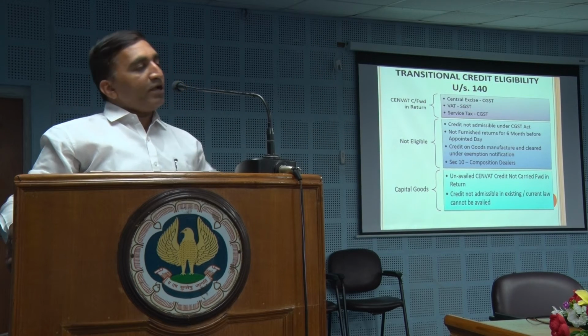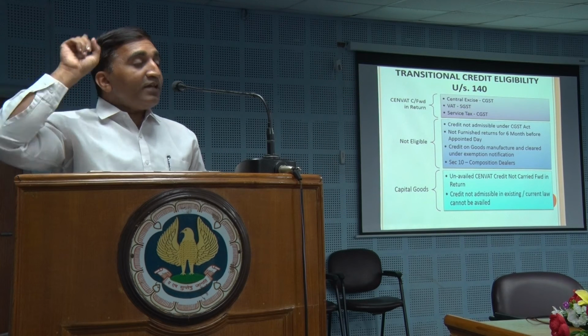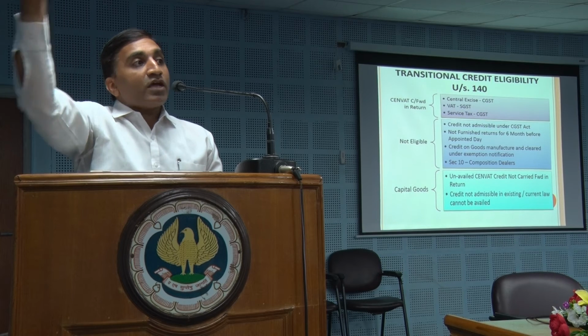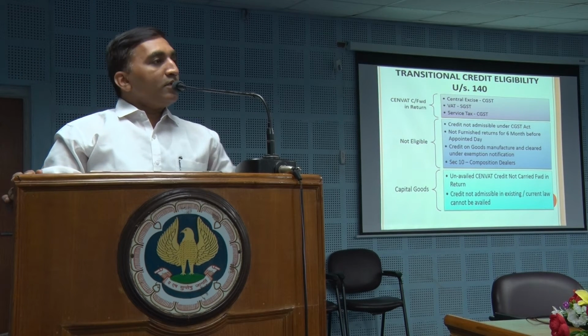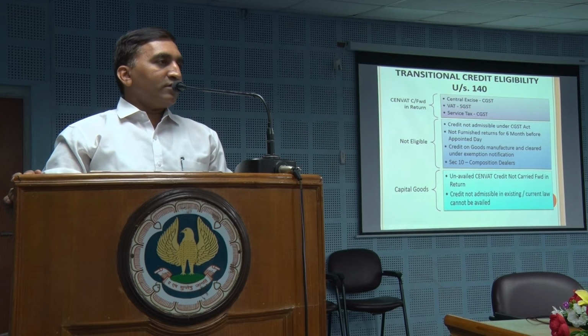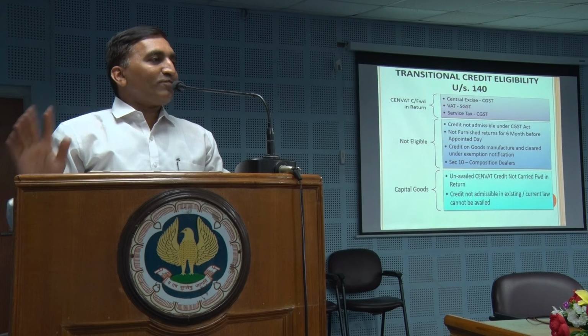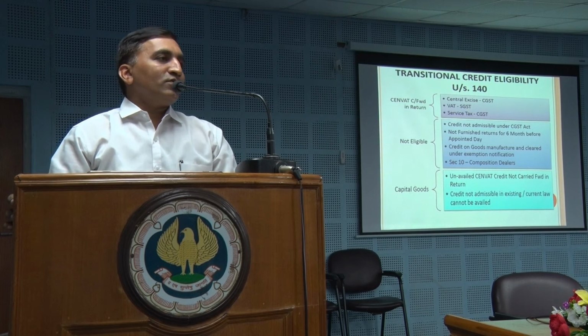Any amount you pay to the department, directly, indirectly, whatever it is, only when it comes to the electronic cash ledger, then only you can adjust against the output liability. Here I have paid 70,000. While filing the return, again 35,000 tax I have paid, and then we are going on appeal for that purpose.